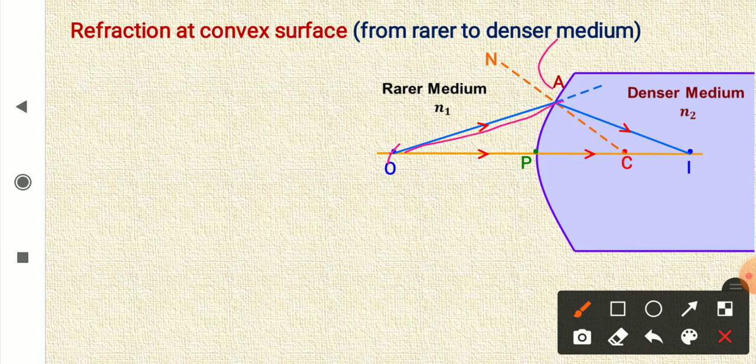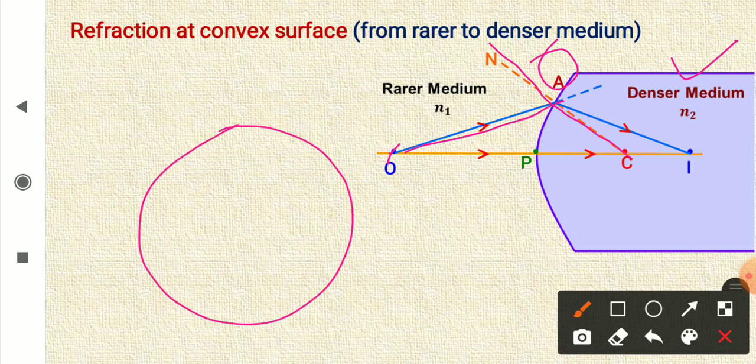Now at this point A, the light has to enter the denser medium. So first we will draw a normal at this point, and you know that the normal must pass through the center of curvature. If you have any sphere, then the normal to the sphere will be along the radius, right?